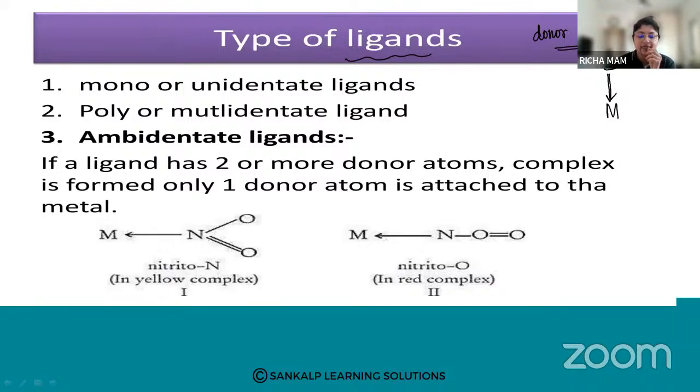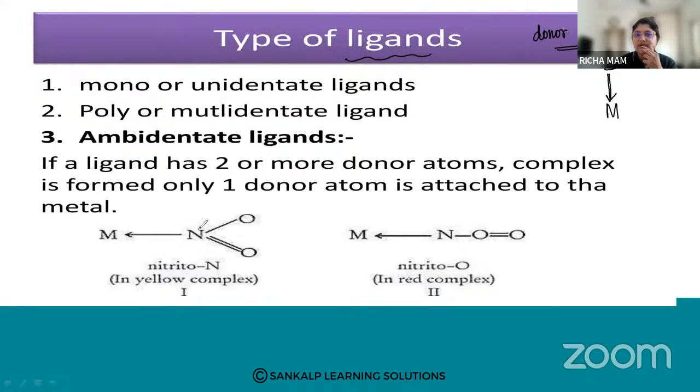How are they classified? They are classified into mono or unidentate ligands, bidentate ligands, poly or multidentate ligands, and amphidentate ligands.